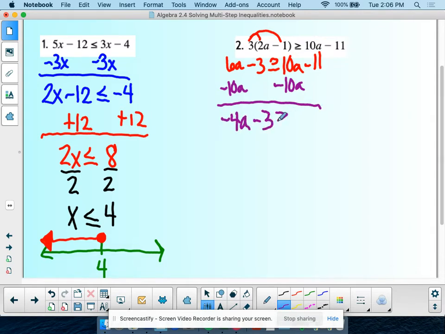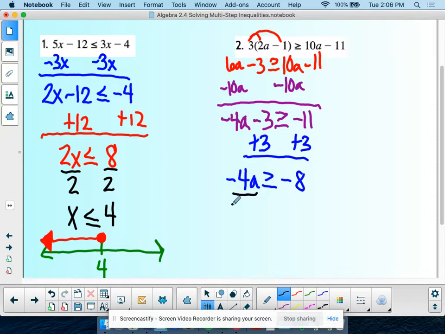Minus 3 is greater than or equal to negative 11. Bring over that 3. So negative 4a is greater than or equal to negative 8. Divide by negative 4.